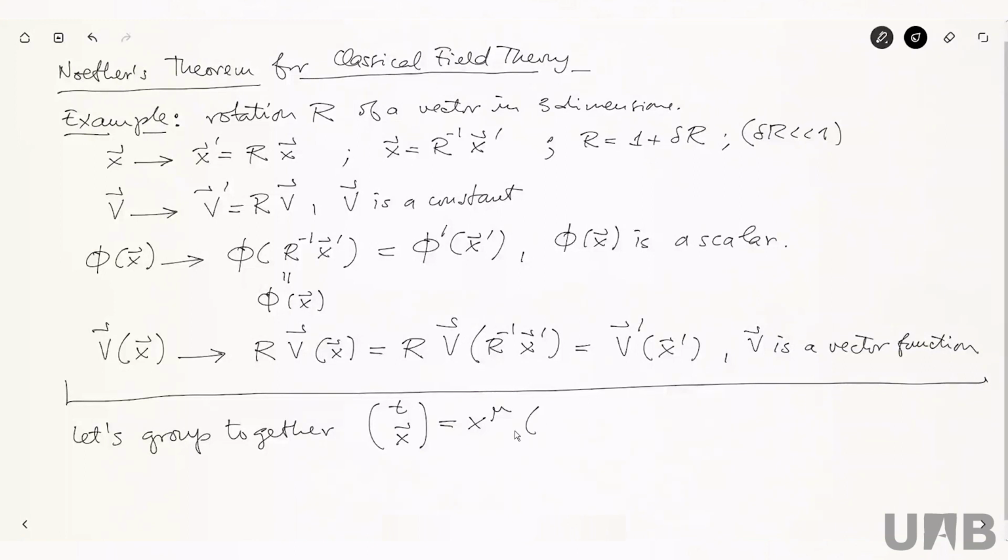This X mu, of course, in relativity, it's clear what it is, right? But that doesn't mean that we're going to be discussing only relativistic theories. If the theory is not relativistic, this is going to be just a notation, just a shorthand for writing, instead of T and X separately, we're just going to put it together, okay?